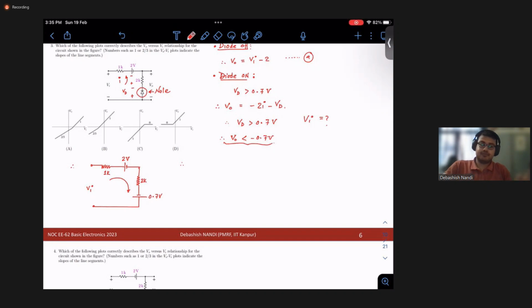Anyone? It should be negative. No, or negative by how much? What should be the value? 1.3. How do you tell that?